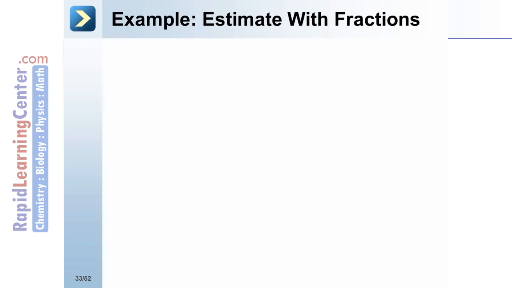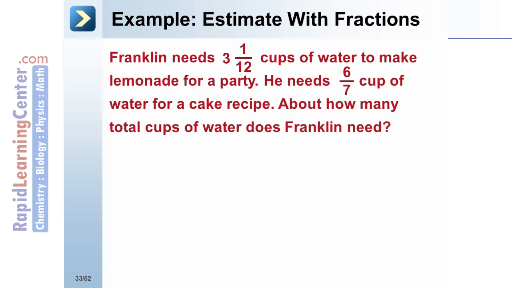Example: estimate with fractions. Franklin needs 3 1/12 cups of water to make lemonade for a party. He needs 6/7 of a cup of water for a cake recipe. About how many total cups of water does Franklin need?